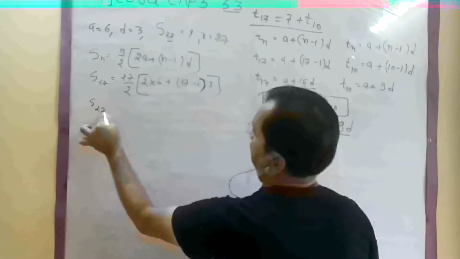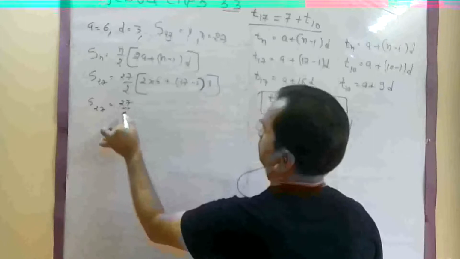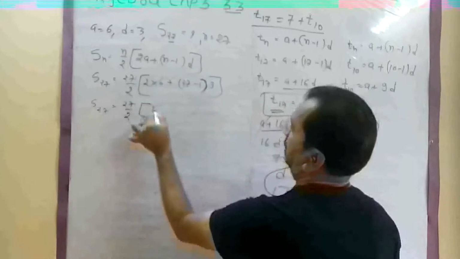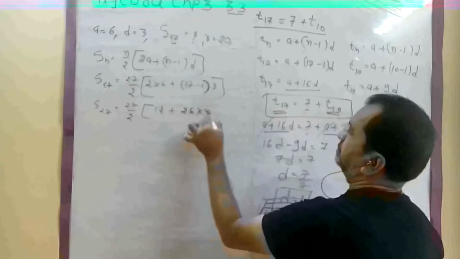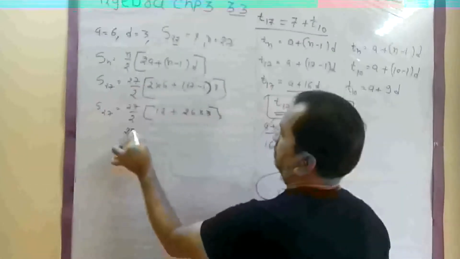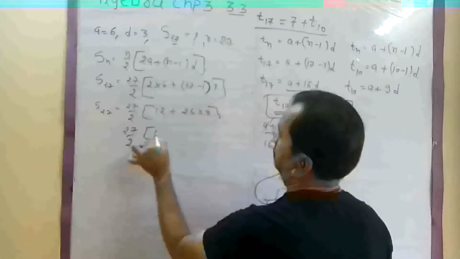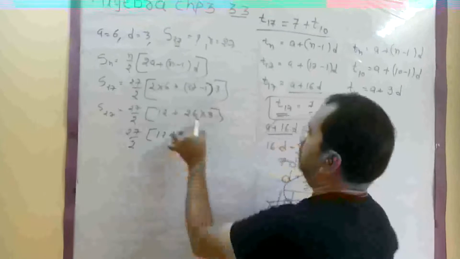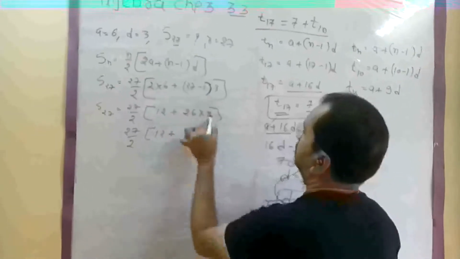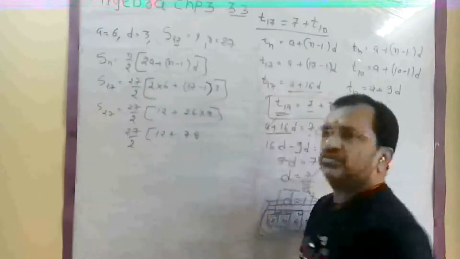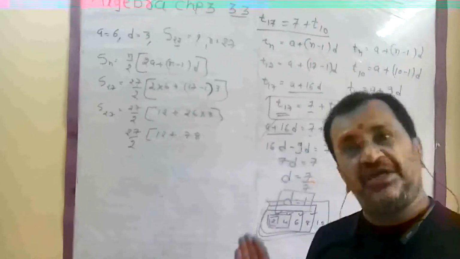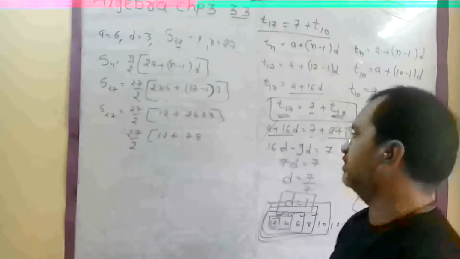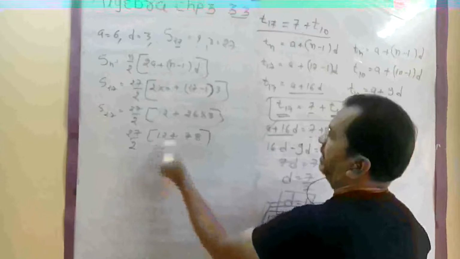So S27 is 27 by 2 times (2 times 6, which is 12, plus 26 times 3). 26 times 3 is 78, and 12 plus 78 is 90.